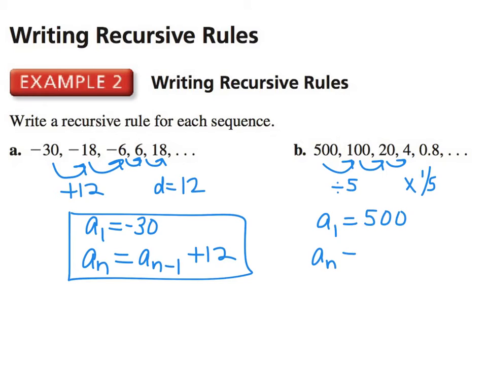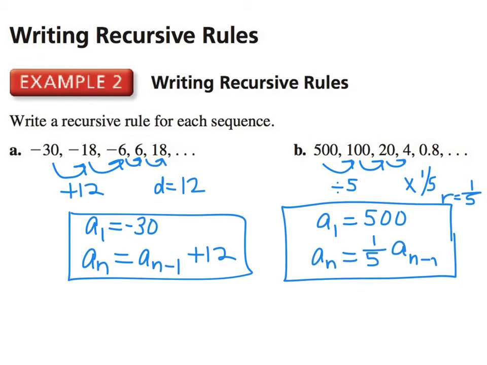So we plug it into our formula, which is the common ratio, which is r. So r is 1/5, multiplied by a sub n minus 1. Now we don't need the parentheses, actually, I'd rather not. Let's erase that here. And there we go. So a sub n minus 1. And there is my rule.